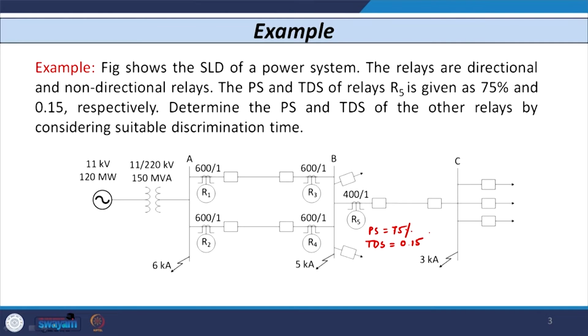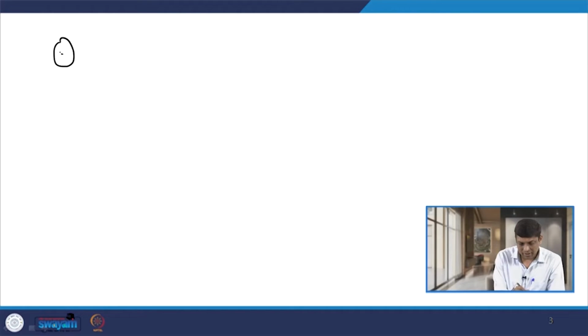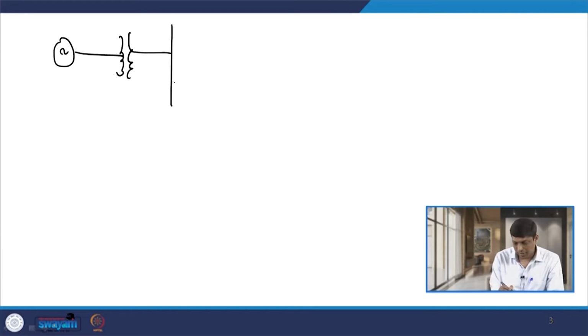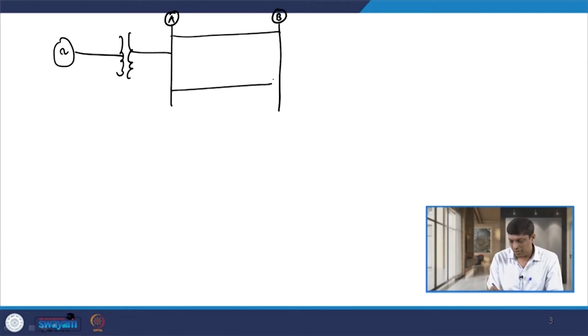Now, for this let us consider that the system is like this. So, if I draw this system again, then we can say that we have the generator, then we have the transformer, and then we have the parallel feeder. So, these two feeders are connected here at bus B, and we have the 4 relays located here on this parallel feeder.